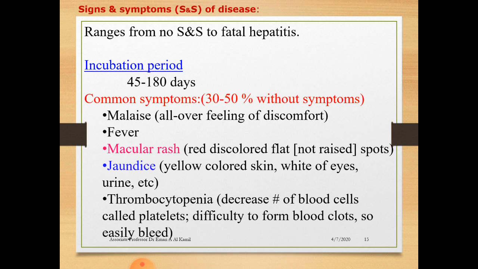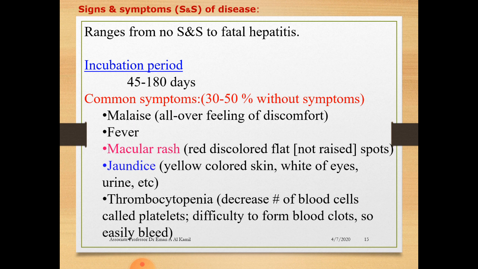Signs and symptoms range from no signs and symptoms to fatal hepatitis. Some people, as we mentioned, don't show signs and symptoms, and some people sometimes have fatal complications of hepatitis. The incubation period varies between 45 days and 180 days. Only 30 to 50% have symptoms; the majority don't have symptoms.